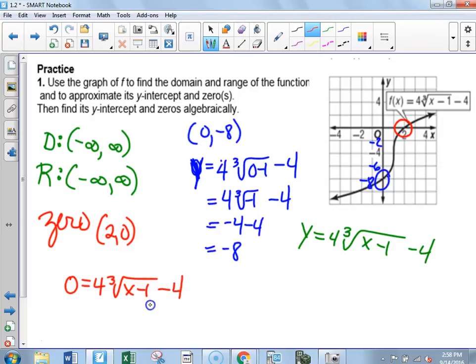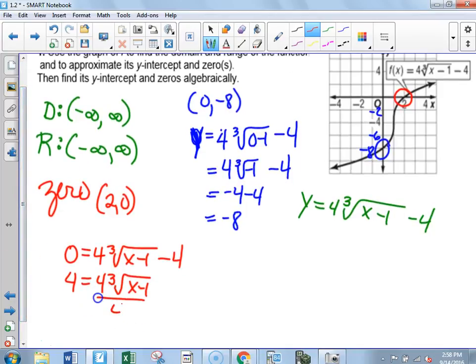Oh, my algebra gurus. Add 4 first. Divide both sides by 4. We get 1 equals the cube root of x minus 1. Then what?